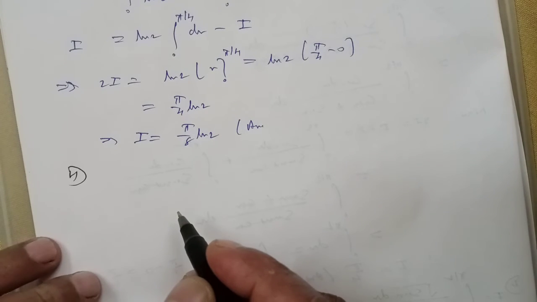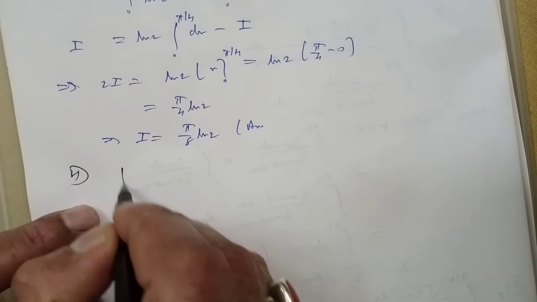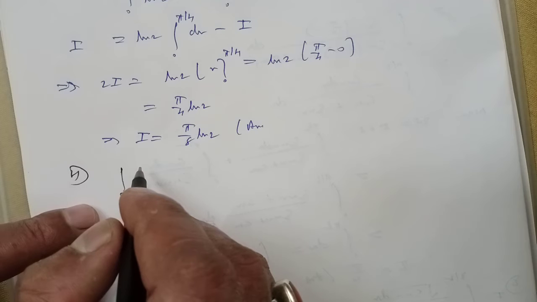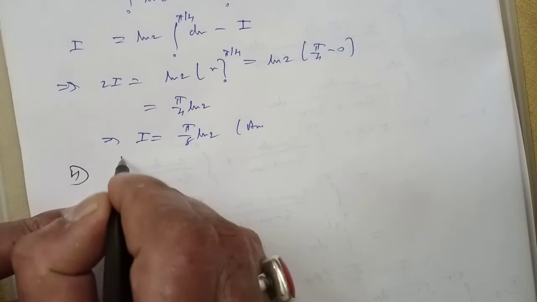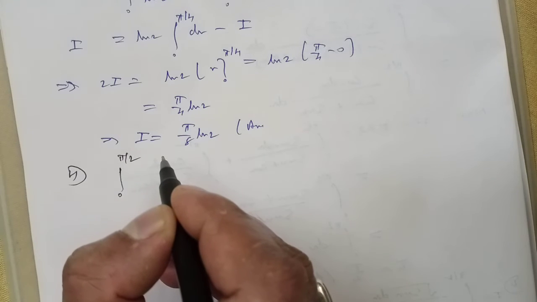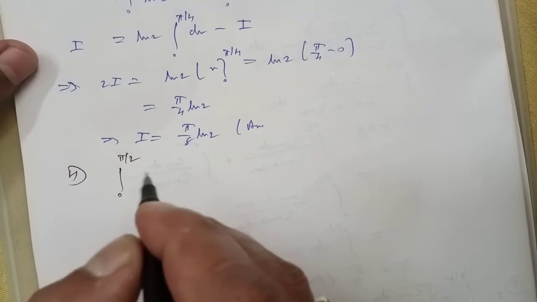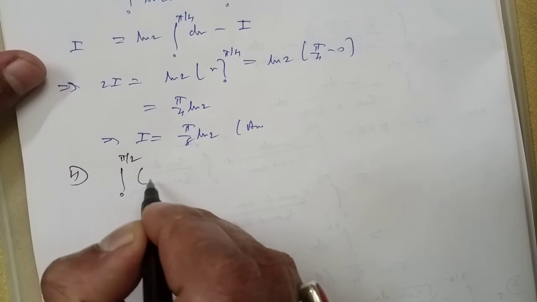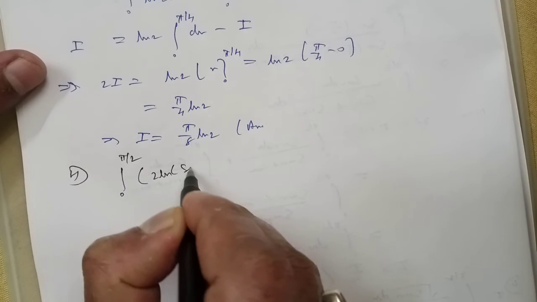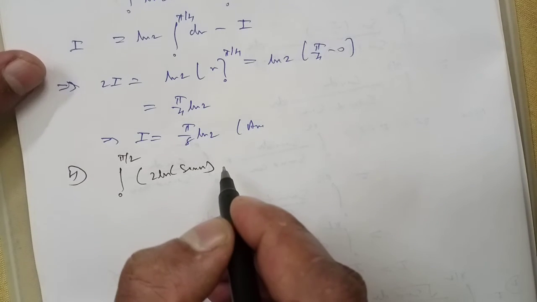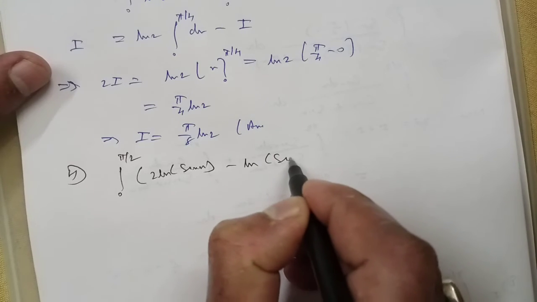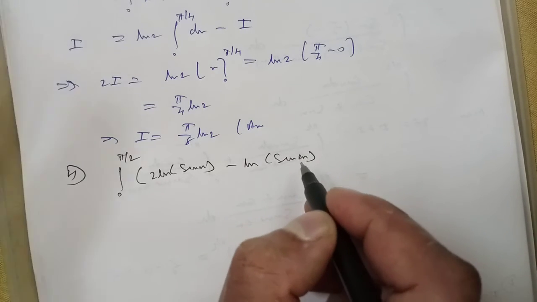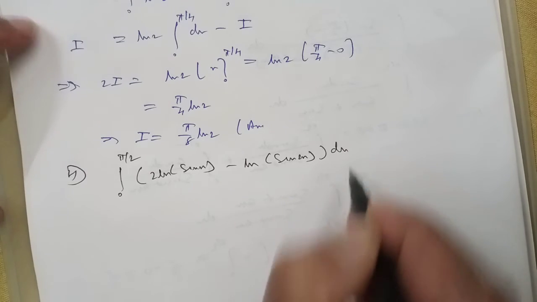This is also an important problem: integration 0 to pi by 2 of 2 ln of sin x minus ln of sin 2x dx.